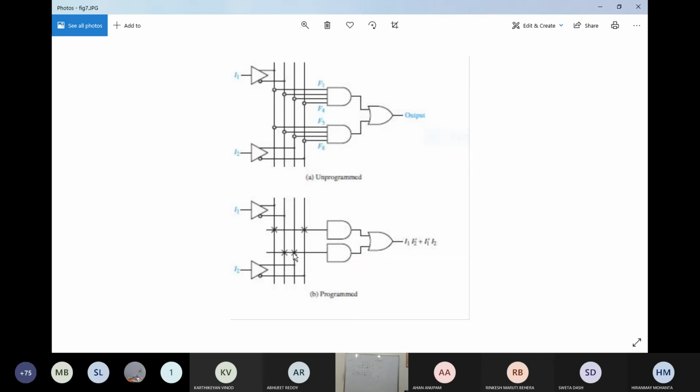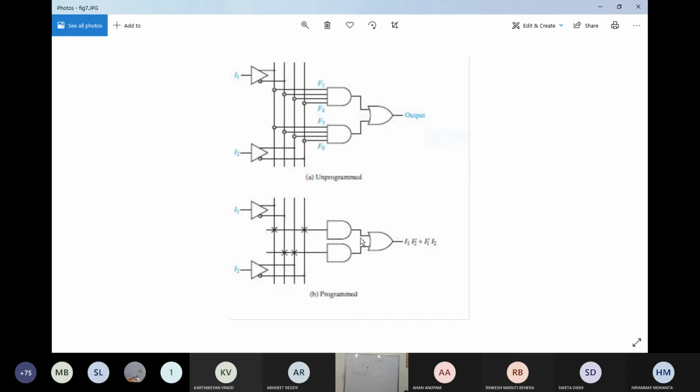Okay, second line. Then afterwards, for this first AND gate, this line is coming from I1 and this is coming from I2 dash, right? So this is for the first AND gate, and for the second AND gate, this is I1 dash and this is I2 regular one. So for this gate, that combination.